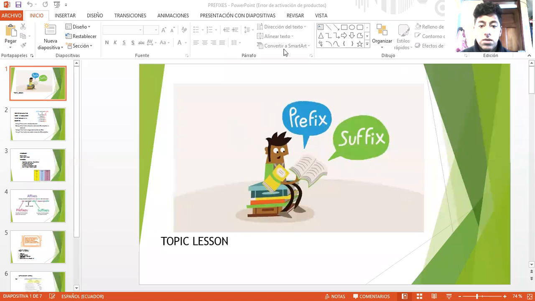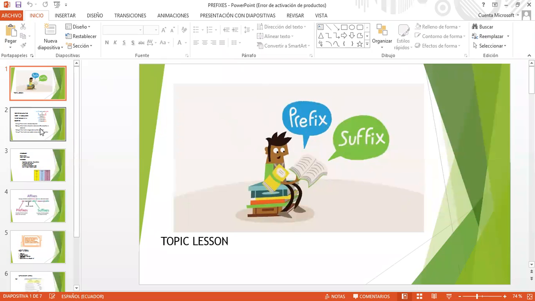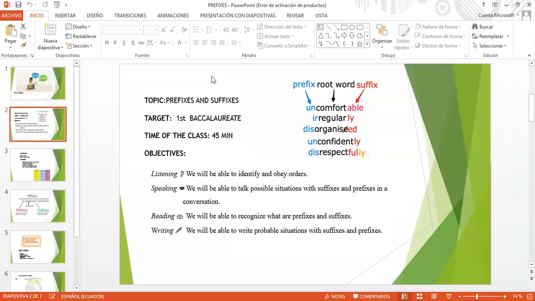So now, let me start. The topic of the lesson is prefixes and suffixes.